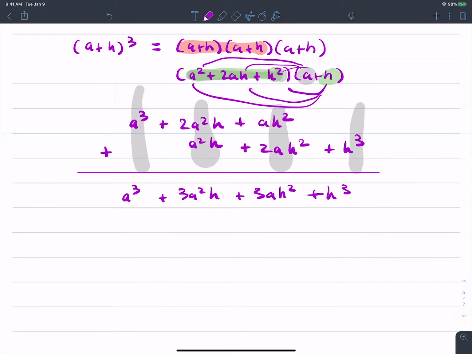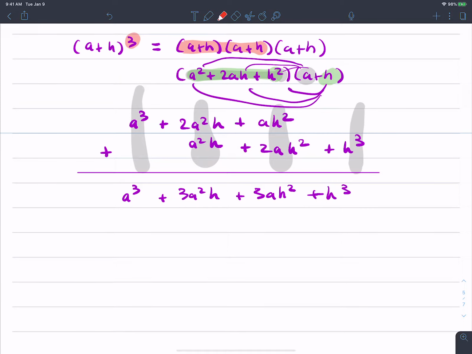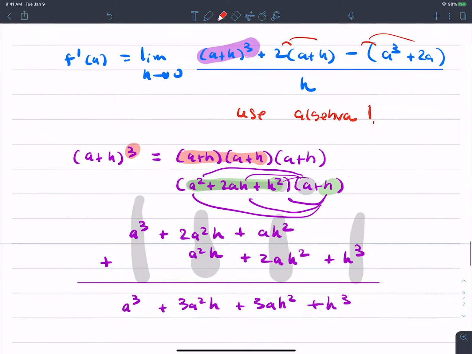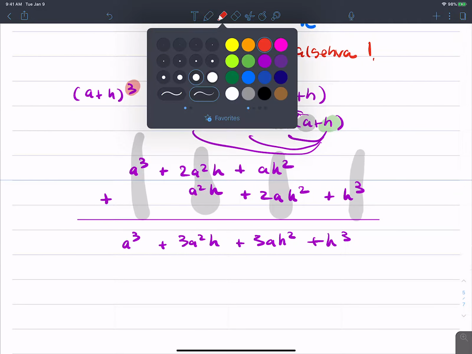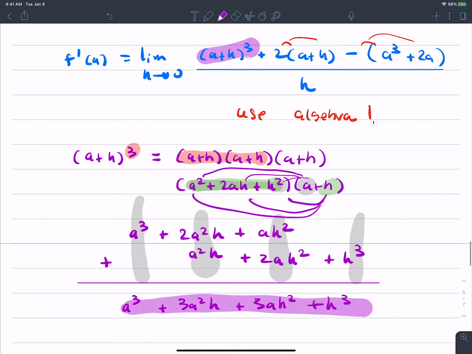There's an expansion formula for this that you actually learn in 260, pre-calculus, where if you have a sum or a difference to a power, you can directly write this out. Anyway, that purple portion goes up here. That's what we just found.